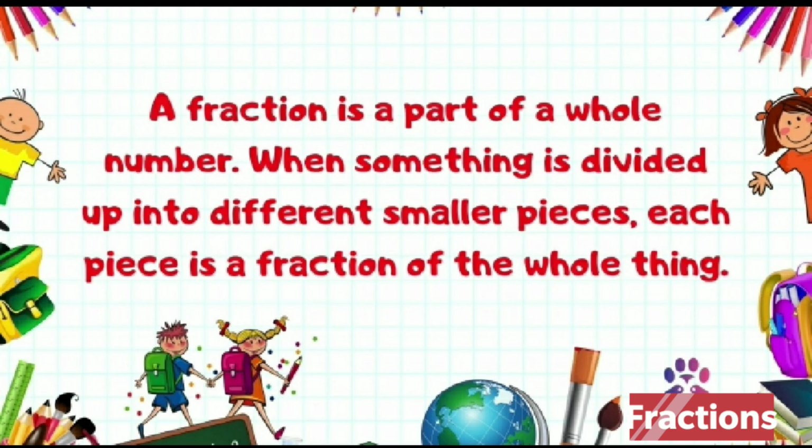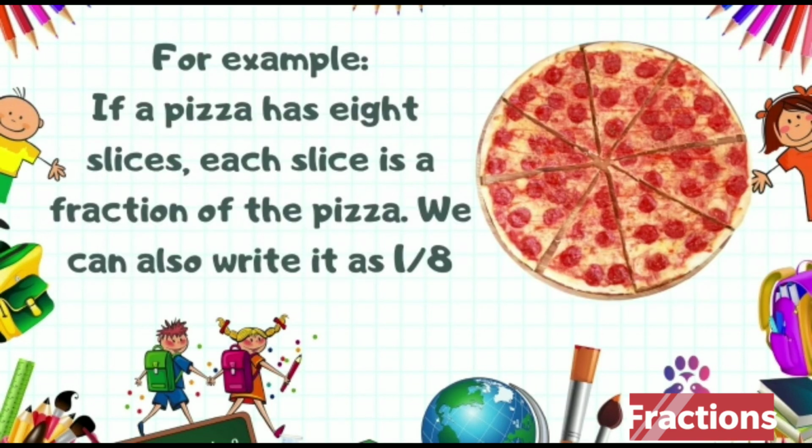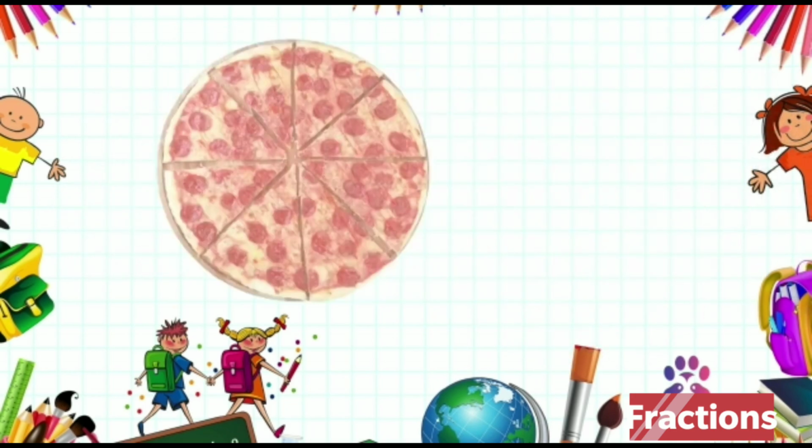Now dear children, let's have a look at this example, and after that it will be more clear to you. For example, if a pizza has 8 slices, each slice is a fraction of the pizza, and we can also write it as 1/8.